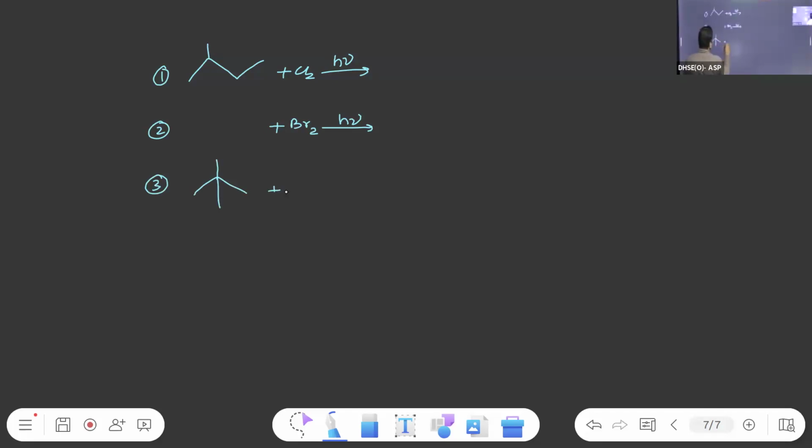Then 2,2-dimethylpropane chlorination and then bromination. So write these four reactions. Then we will discuss. Note down the question first.